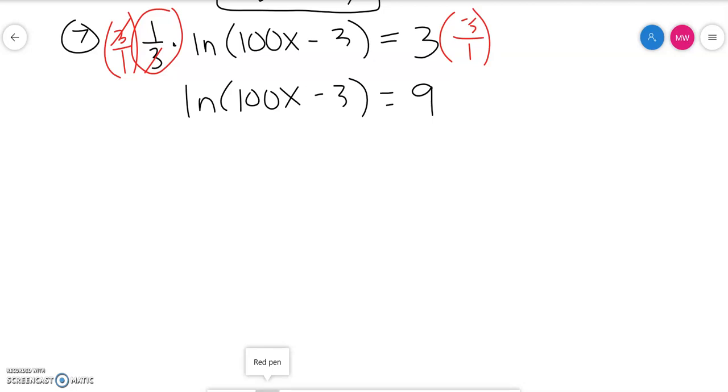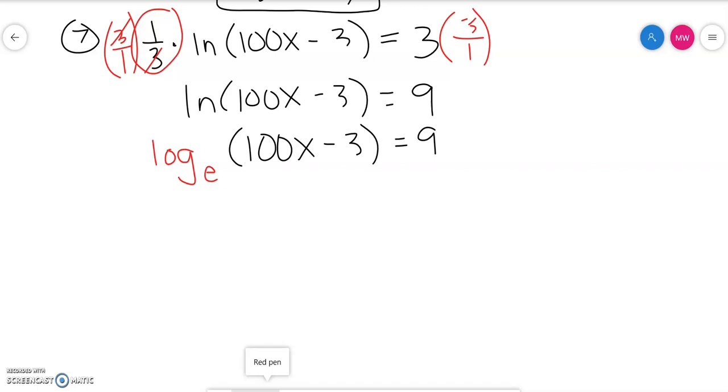Now we need to get rid of the log. To get rid of a log, you change it to an exponent. The problem here is we don't know what the base is. Well, remember that natural log is the same thing as log with a base of e. So you can really think of this problem as log base e of 100x minus 3 equals 9.